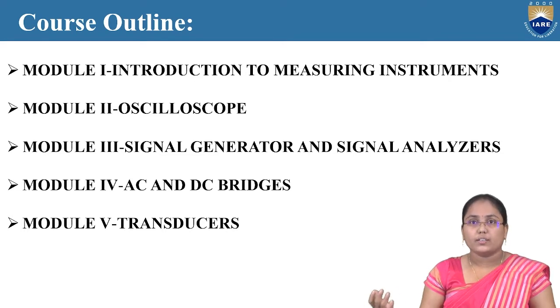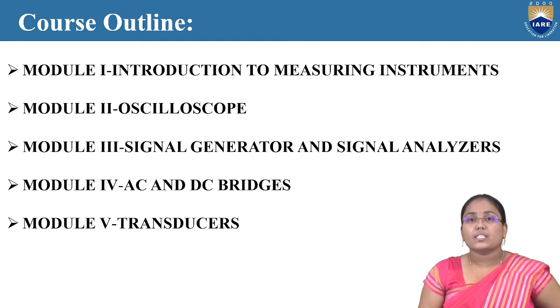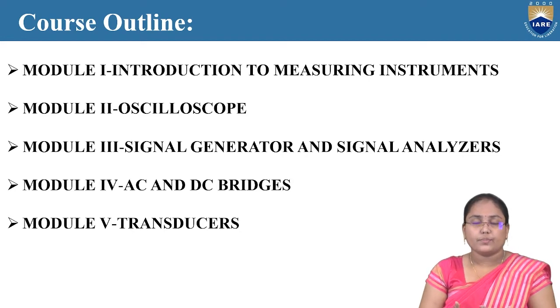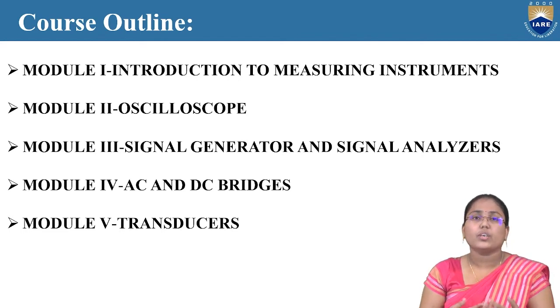The last one is the fifth module, where we'll be discussing different types of transducers. The transducer is the basic element in the block diagram of an electronic instrument. When we look into any electronic instrument, the transducer is the first thing used to convert one form of signal to another form.